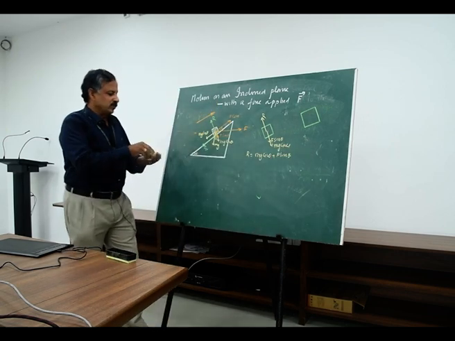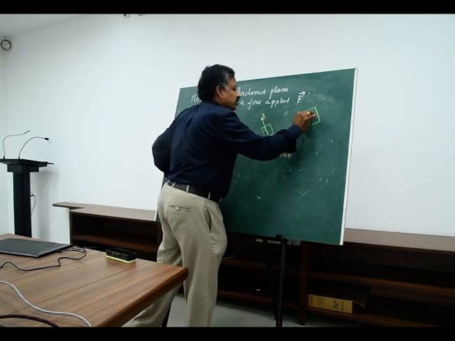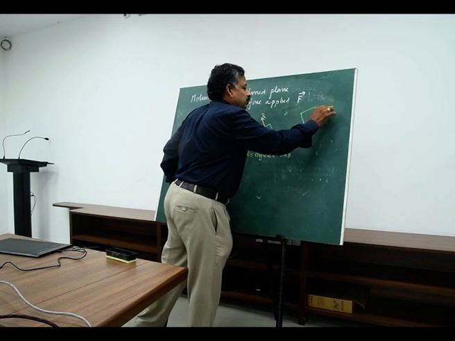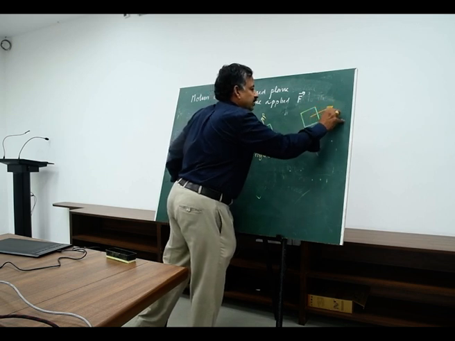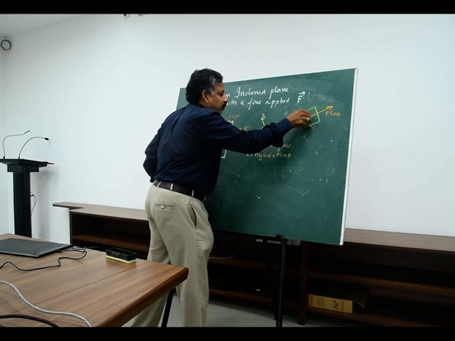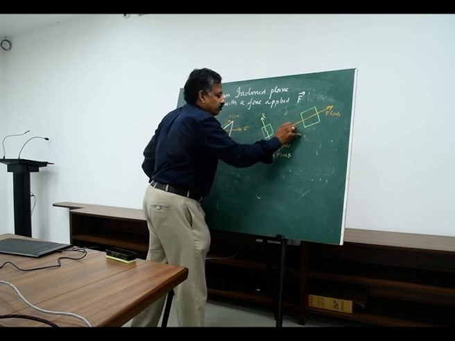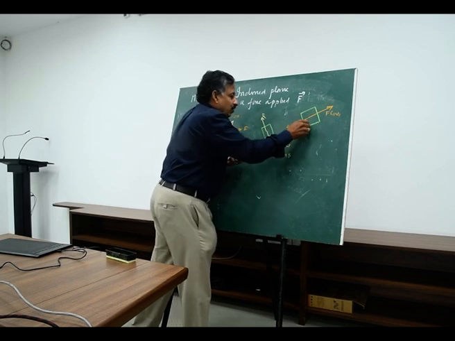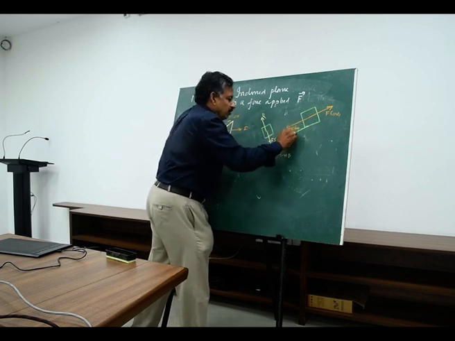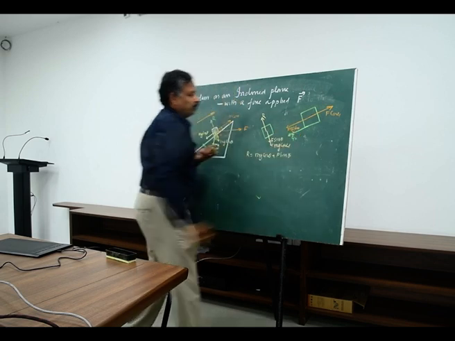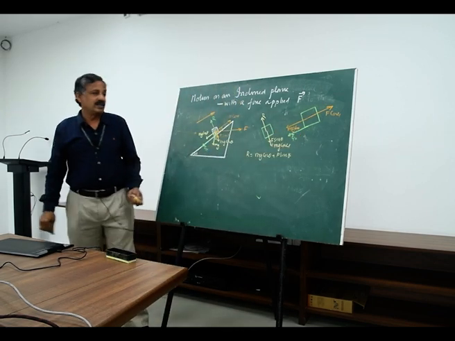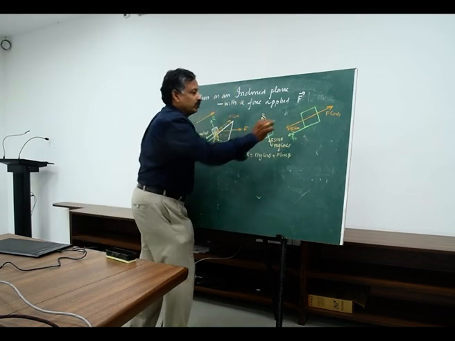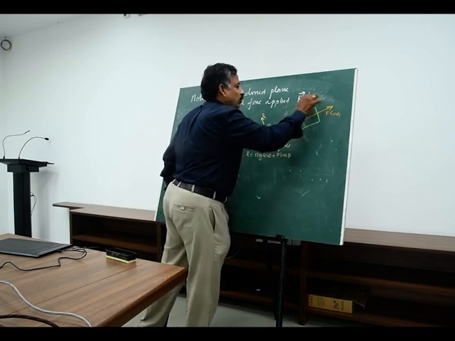Sir, what about horizontal forces? As far as forces along the surface are concerned, the force which is responsible for motion is F cos theta, whereas the weight component is acting in this direction, that is mg sin theta. And in addition to that, I have the frictional force, F_fr, which acts against the motion. So here I expect the object to go in this direction.